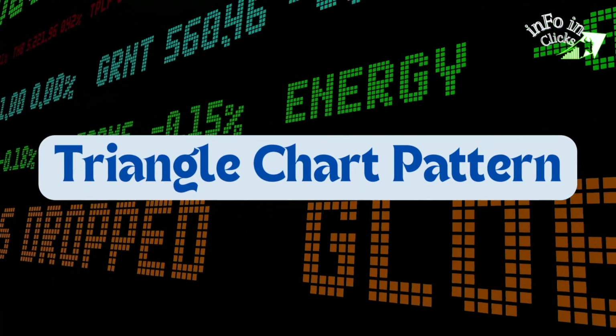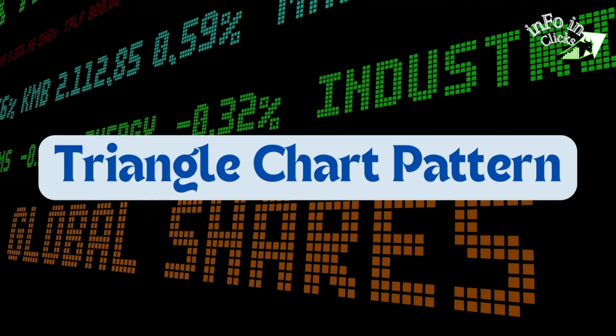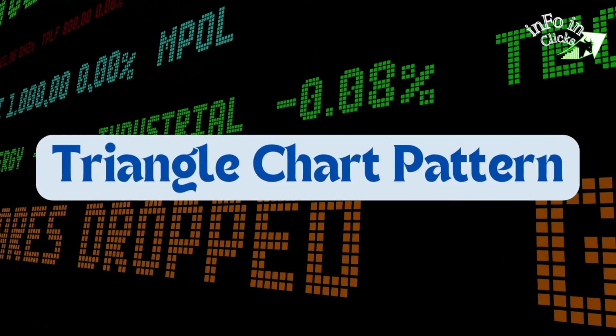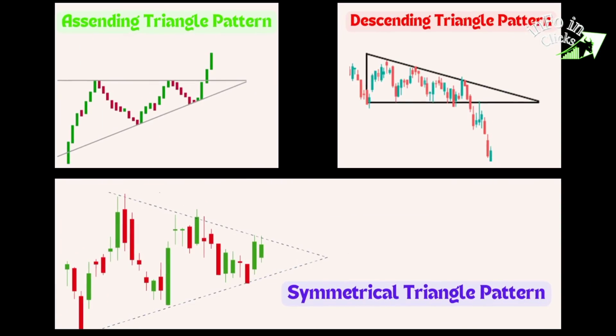The next potential chart pattern we are looking at is the triangle patterns. These patterns could be a continuation pattern or a reversal pattern. There are three main triangle patterns. The first one is the ascending, the second one is the descending triangle pattern, and the third one is the symmetric triangle pattern.